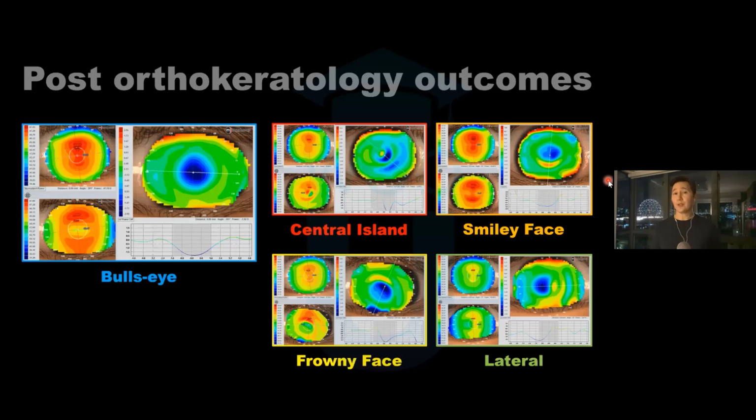So the patient's quality of vision may not be as good. They may lose their effect fairly quickly over the course of the day. So understanding that we've created the ideal topographical outcome can help guide us to provide the patient with the best possible visual and physiologic outcome.